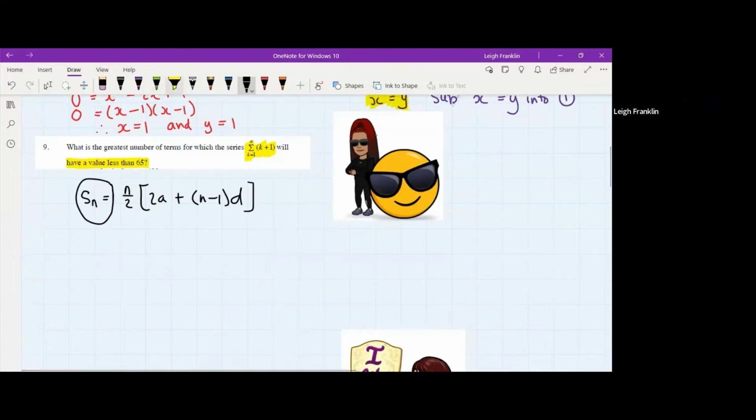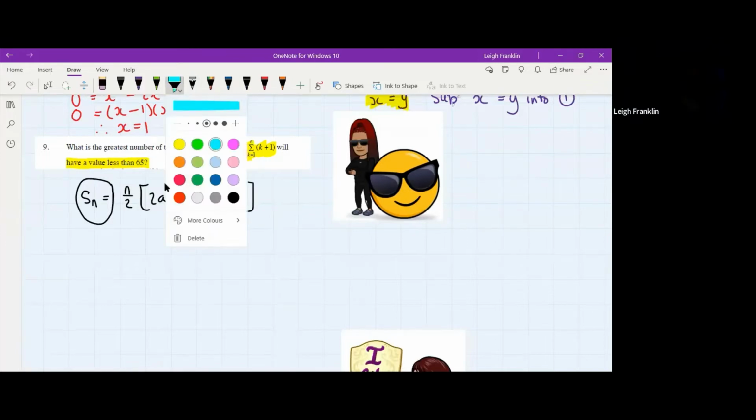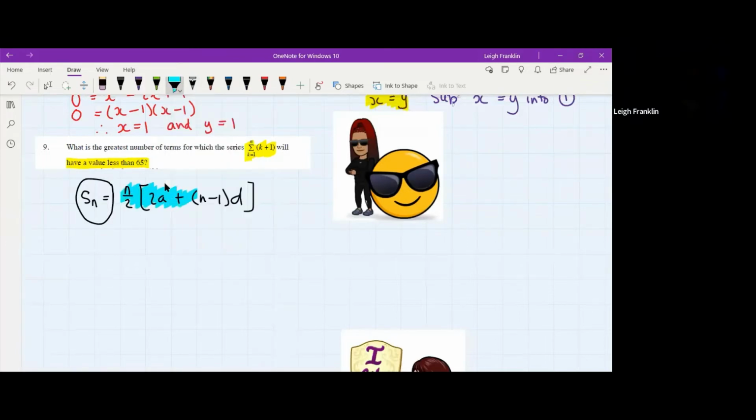What they are saying to us here, Matrix, is that this SN, n over 2 times (2a plus (n minus 1)d), we must work out what n is when its value is less than 65. So our SN is 65, but we're no longer doing an equation. We're now working with an inequality.